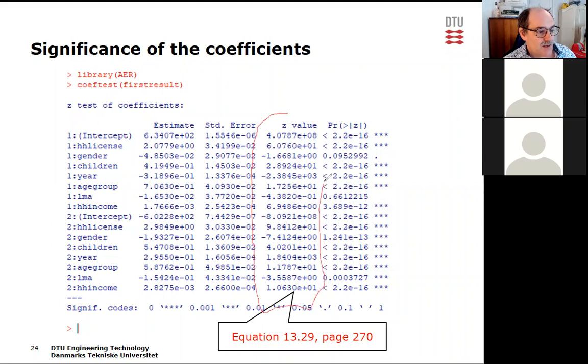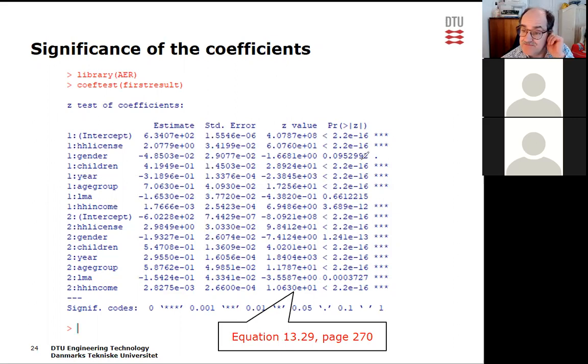And that is the test statistic that's in your book in the chapter, equation 13.29. So this command is calculating this test statistic, and then it's telling you what is the p-value of that test statistic. And you can see here that we have very good p-values on this.